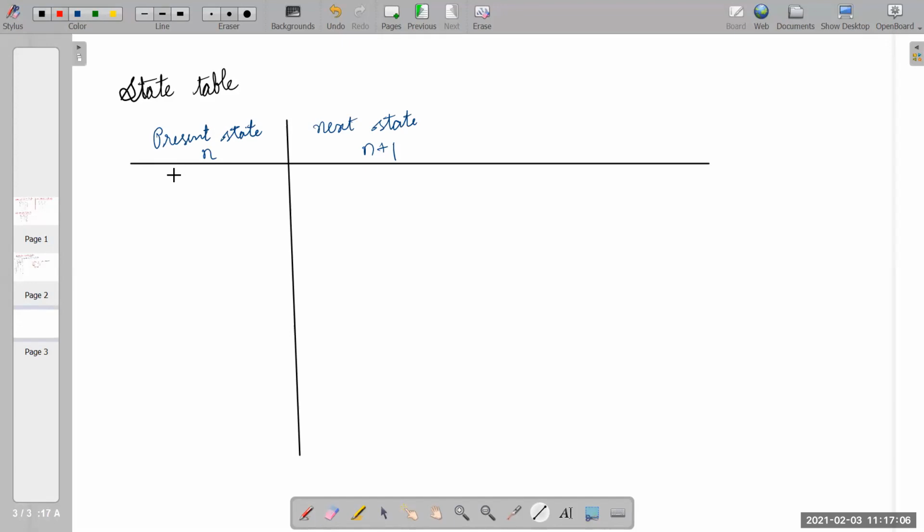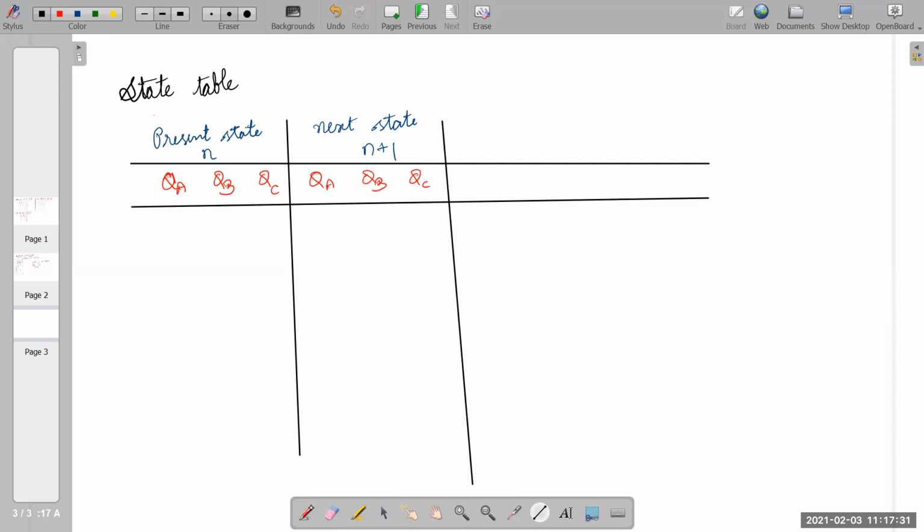So what are the flip-flops I'm taking? QA, QB, QC, similarly QA, QB, QC. So three flip-flop outputs I'm taking. I can complete the table. Let me fill the present state and next state.